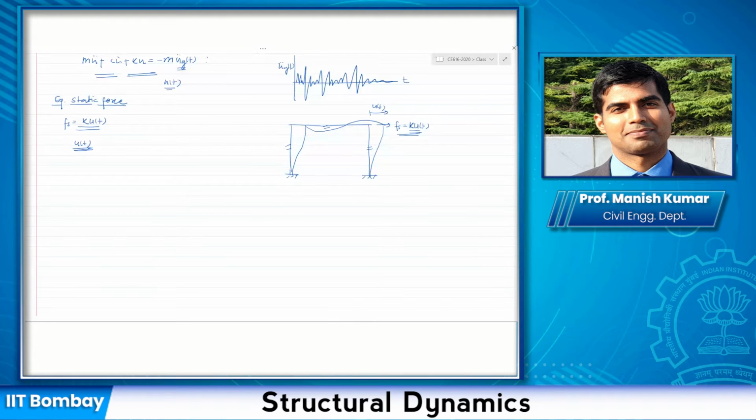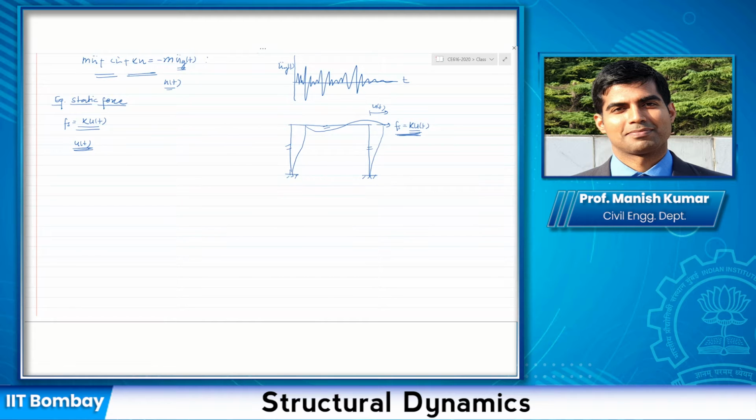So if I apply the equivalent static force, which is equal to the lateral stiffness k times the displacement, and do the static analysis, I can find the forces. This is similar to doing the dynamic analysis and finding the forces in the system.